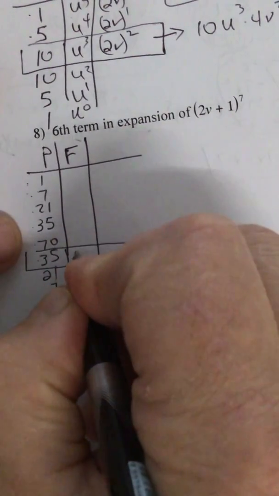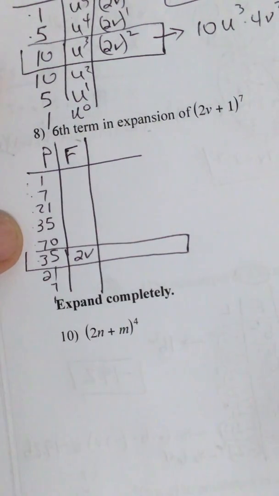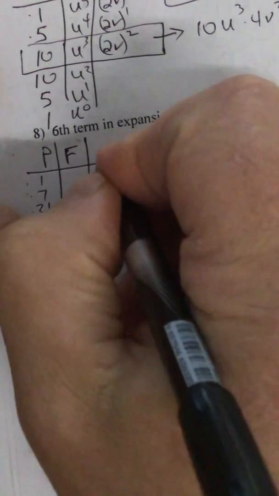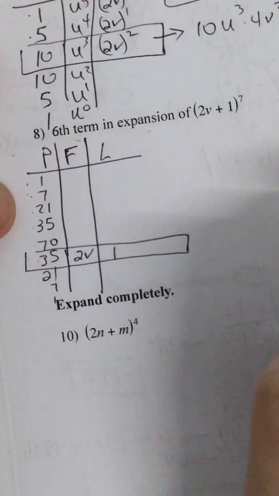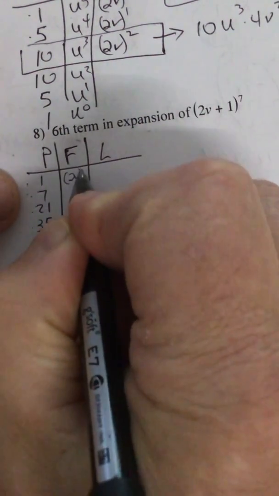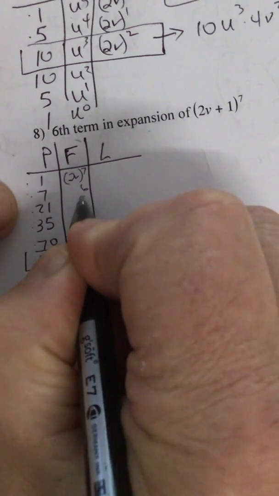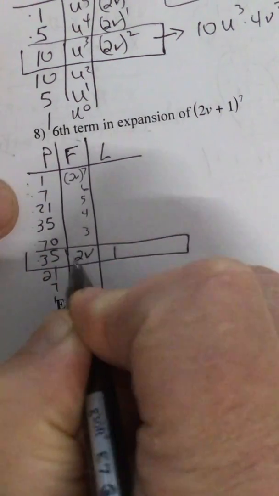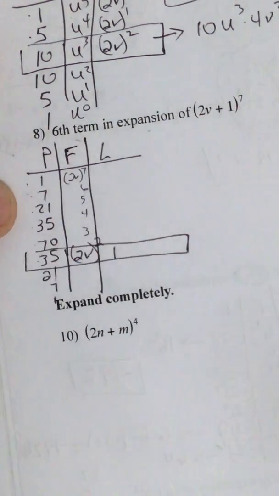Okay, the first term is a 2v. And the last term is a 1. So this would have been to the 7th. It would have been a 2v to the 7th, 6th, 5th, 4th, 3rd. So this one is to the 2nd.